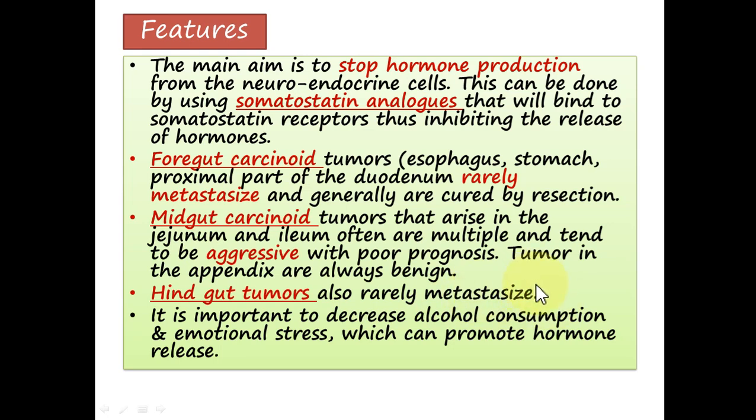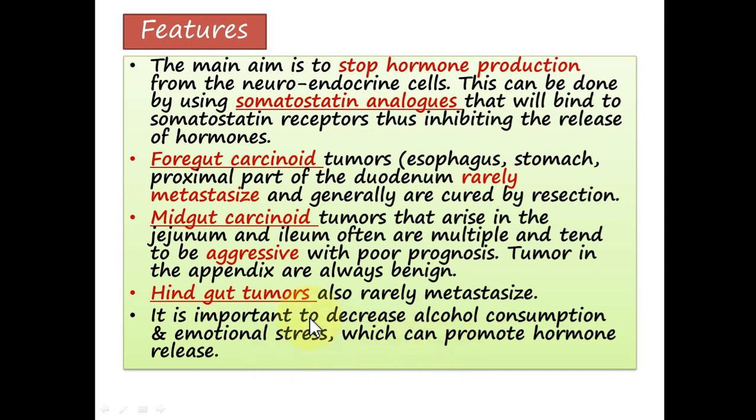Here, one important thing that I want to mention is that alcohol consumption and emotional stress, these two things, stimulate the neuroendocrine cells through nerve impulses to increase the secretion of the hormones and to promote and facilitate the carcinoid syndrome.